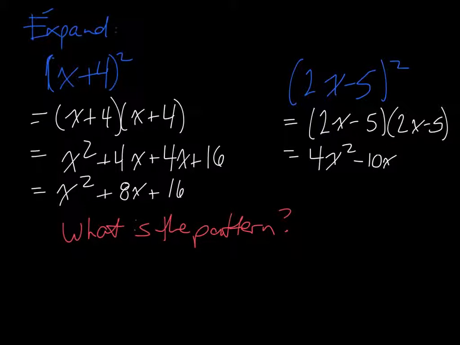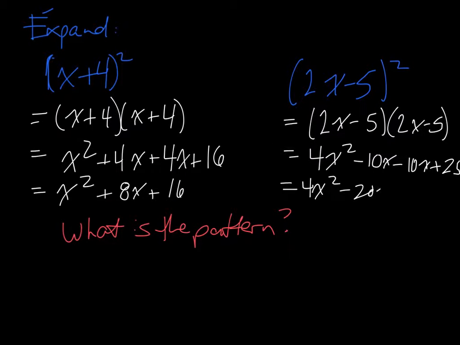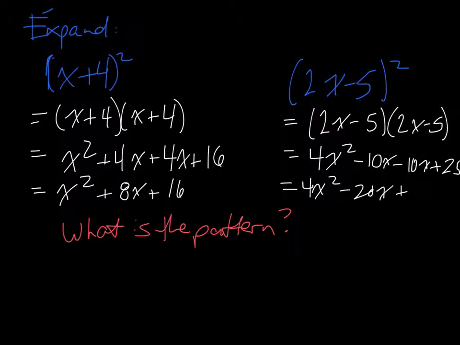I do that again, what's negative 5 times 2x to get negative 10x. And then finally I know that negative 5 times negative 5 is positive 25. My pen doesn't want to write on the side like that. Next I simplify, so 4x squared minus 20x, because I know that negative 10 minus 10 would be negative 20, plus 25. So what is the pattern?